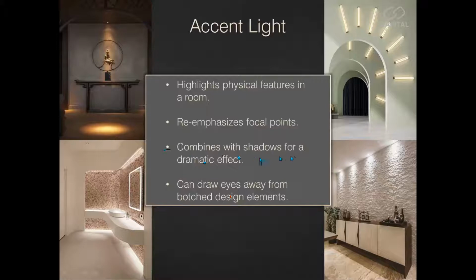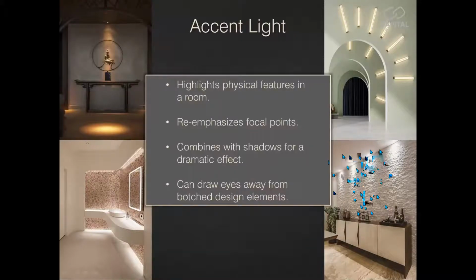It combines with shadows for a dramatic effect. In this image, we have a stone clad wall with spotlights, and between the spotlights we have shadows as well. You can see how well the pattern is giving a dramatic effect, and if these lights were not there, how plain it would look, and our eyes wouldn't be drawn to it.